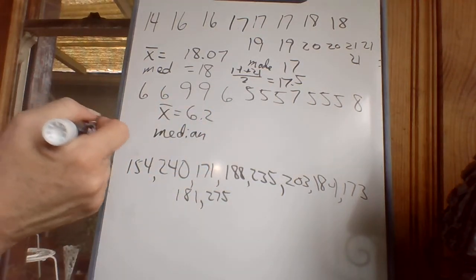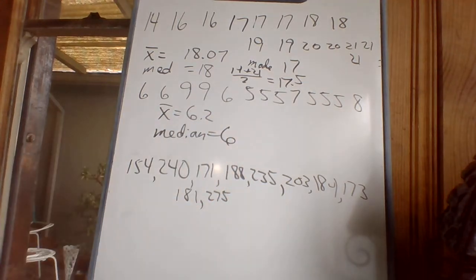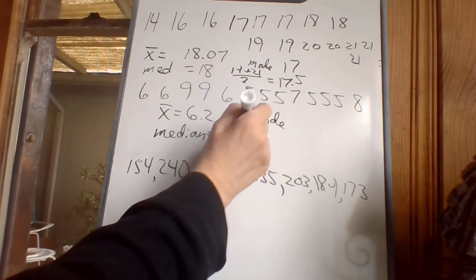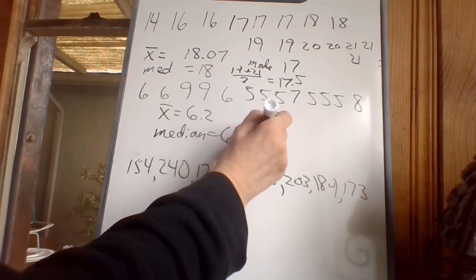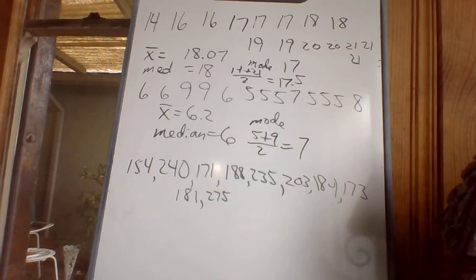The median, apparently, I didn't put them in order, the calculator said 6. Mode. There's a whole bunch of 5s here. There's like 6 of them. So that would be the mode. And I didn't write mid-range on there, but if I go 5 plus 9 divided by 2, the mid-range is 7.